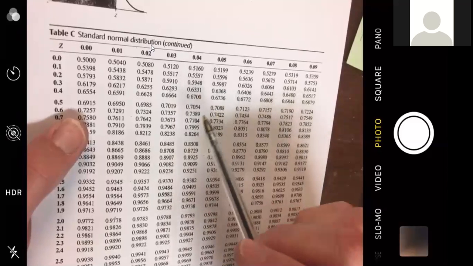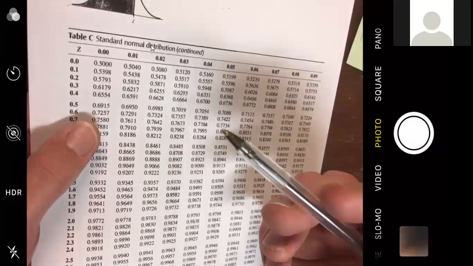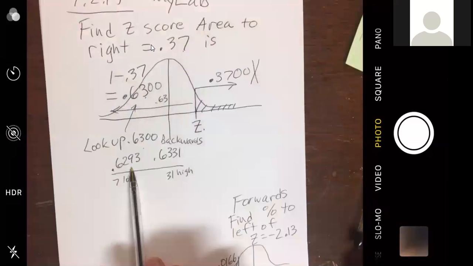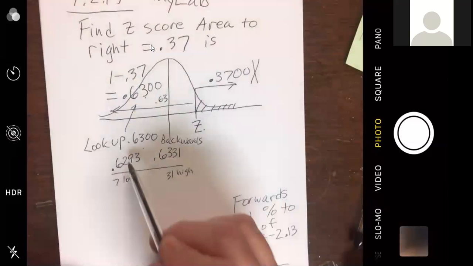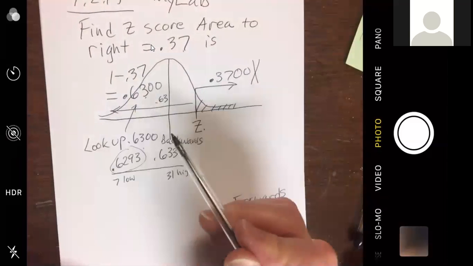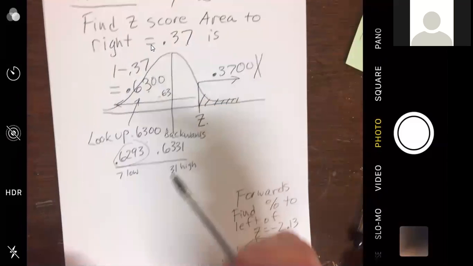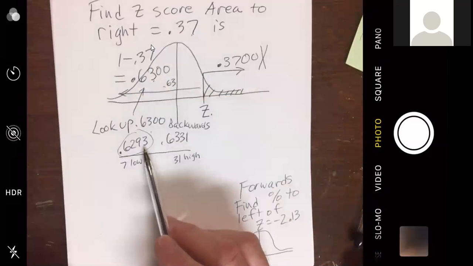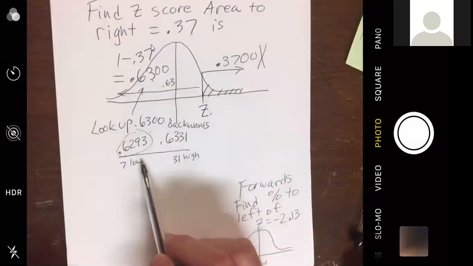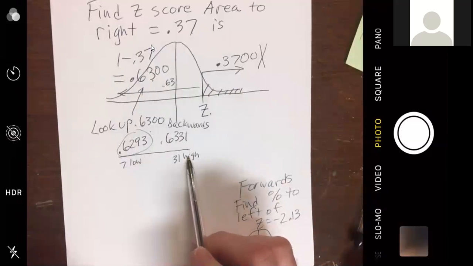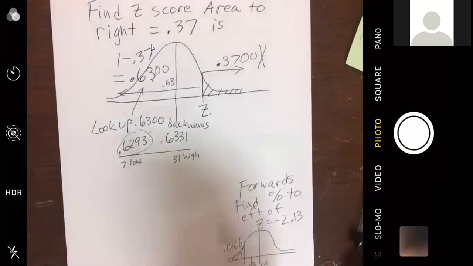And then the idea is to pick the closest one. The closest one to 0.63 is 0.6293. You're 7 low here, you're 31 high there. So I pick this one.